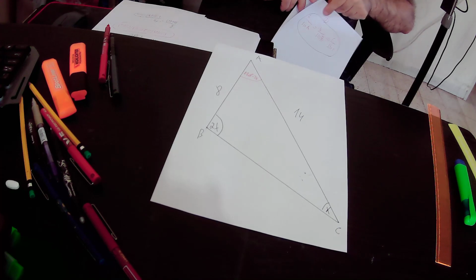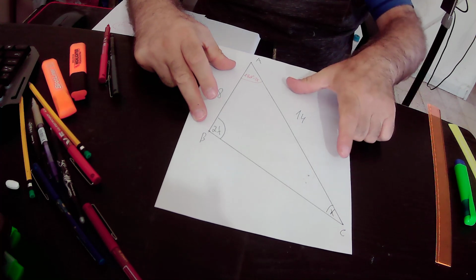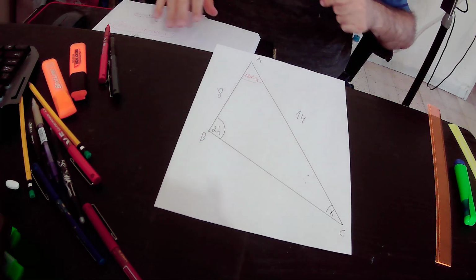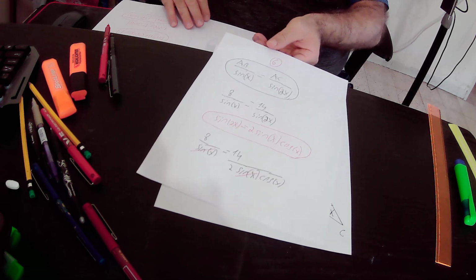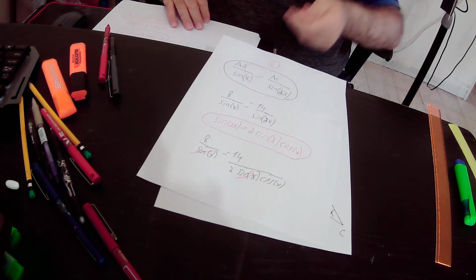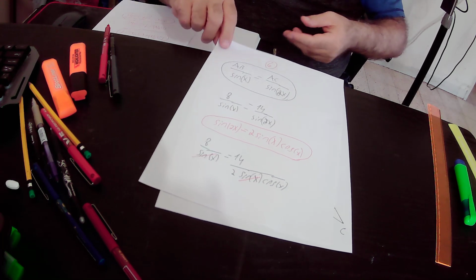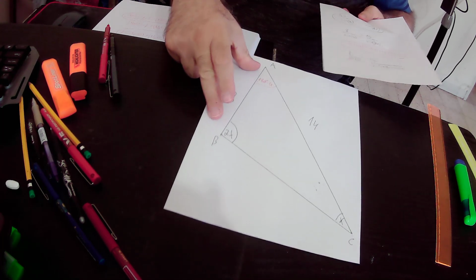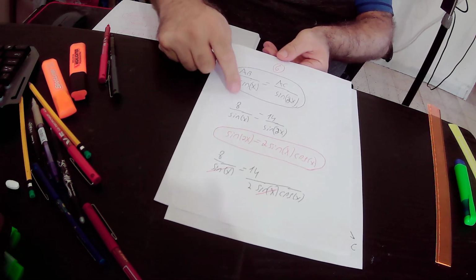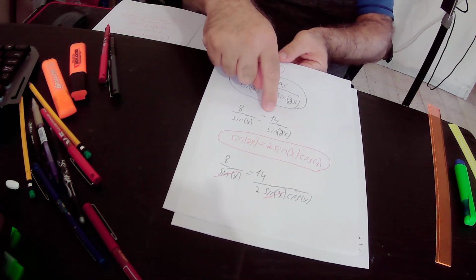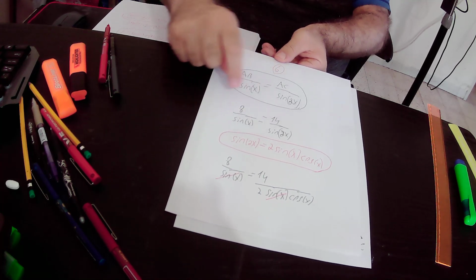According to the law of sines in our triangle, AB over sin x equals AC over sin 2x. We know that AB equals 8 units and AC equals 14 units.